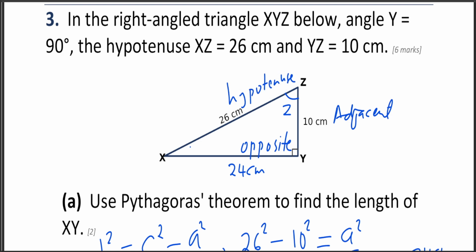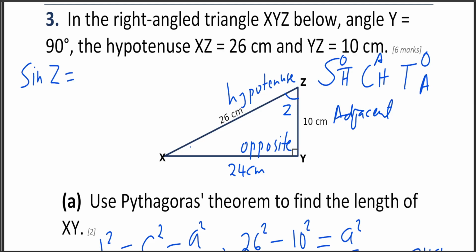Using that, let's start with sine. Sin Z is equal to opposite over hypotenuse. Your opposite is 24 over hypotenuse 26. The 24 over 26 is better to simplify.